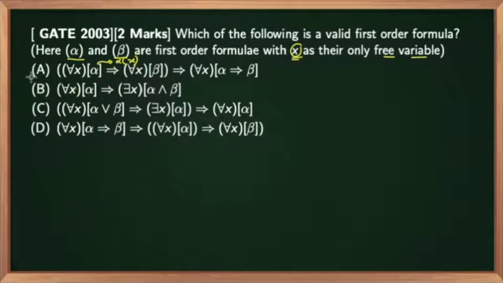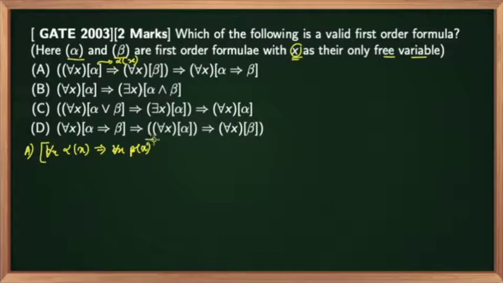Now let's see the first choice A. So we have for all x, alpha of x implies for all x beta of x.